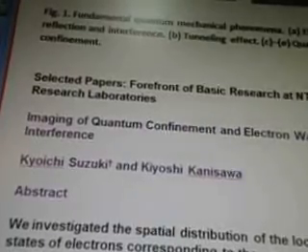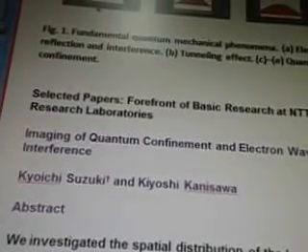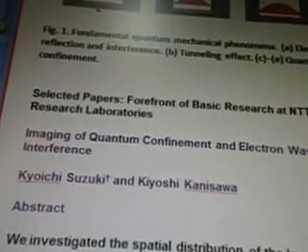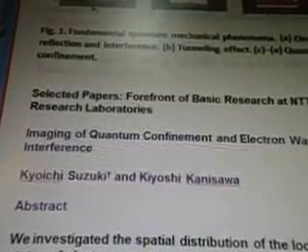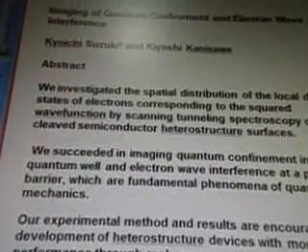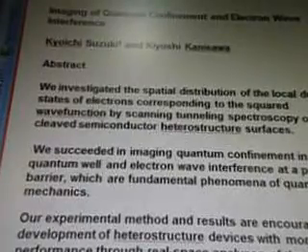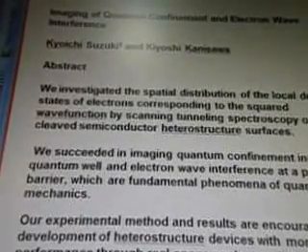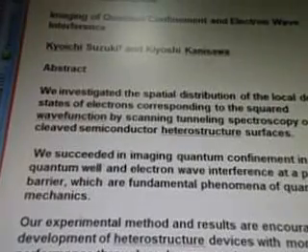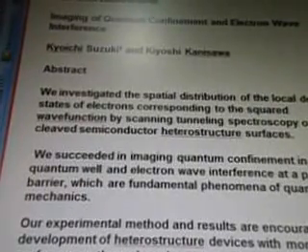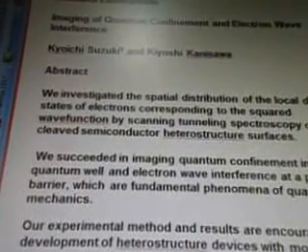Selected papers: forefront of basic research at NTT Basic Research Laboratories, imaging of quantum confinement and electron wave interference, Koichi Suzuki and Koichi Kanawisha. Abstract: we investigated the spatial distribution of the local density of states of electrons corresponding to the squared wave function by scanning tunneling spectroscopy on cleaved semiconductor heterostructure surfaces.